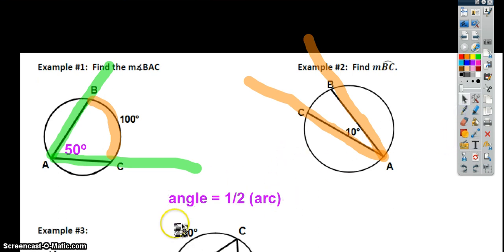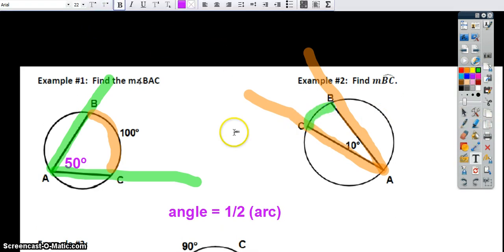So you do have to remember which one's bigger. Here is the angle. It's half of this arc. The intercepted arc would be right here. So that means that's going to be 20 degrees. So 20 degrees is right there.